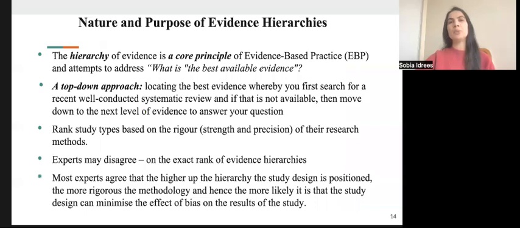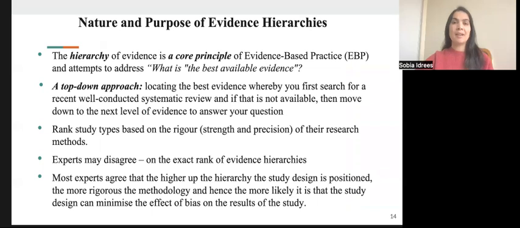The pyramid that I showed you in the last slide was the levels of evidence or the hierarchies of evidence. Now in this slide, I'll talk about the nature and purpose of those evidence hierarchies.